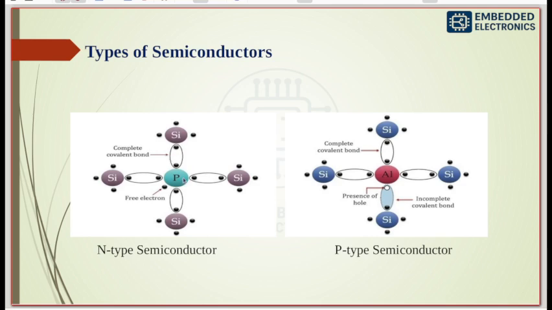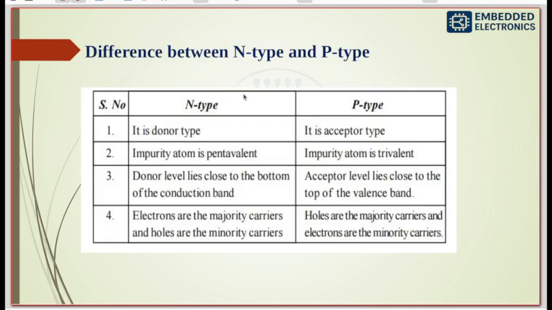Here we have one extra electron, right? So it is the donor. It is a donor. Here silicon needs one electron, so it is the acceptor. So the difference between n-type and p-type: n-type is the donor type and p-type is the acceptor type.